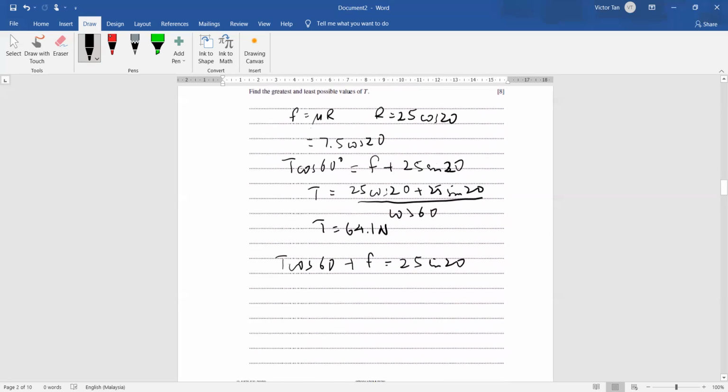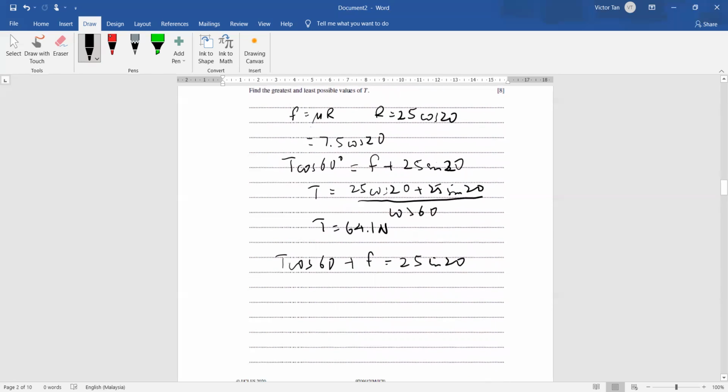So T equals 25 sine 20 minus 7.5 cos 20 over cos 60.